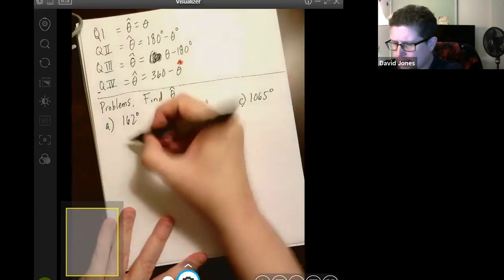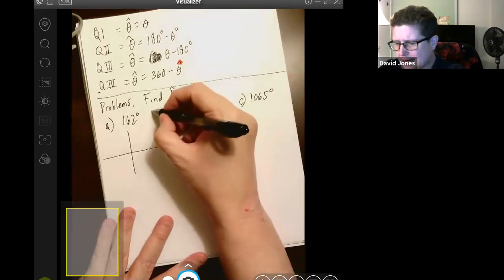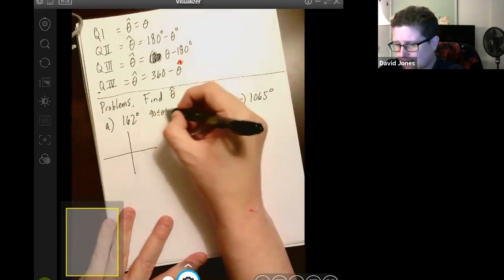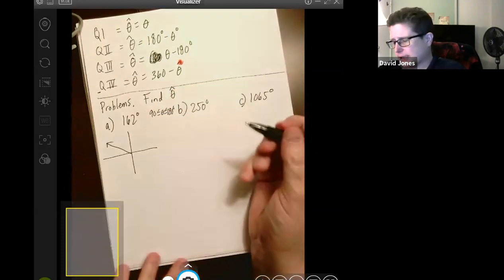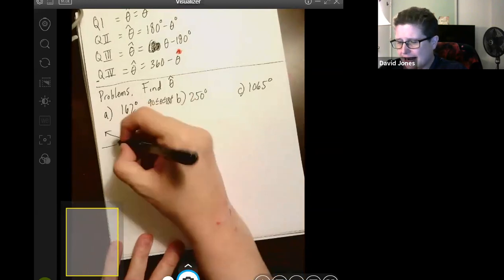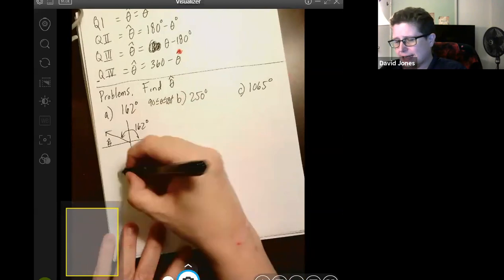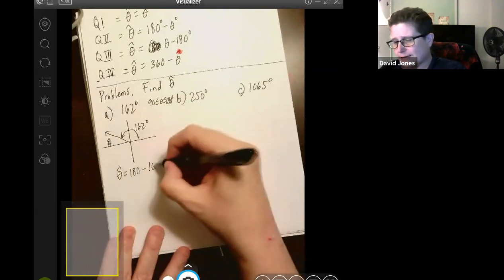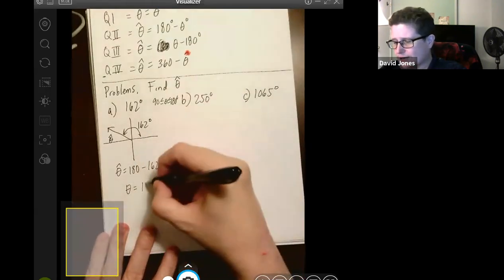Well, 162 degrees is between 90 and 180. So we're in quadrant 2. So this is the 162 degrees. That's theta. Theta hat is 180 minus theta. Theta hat equals 18 degrees.